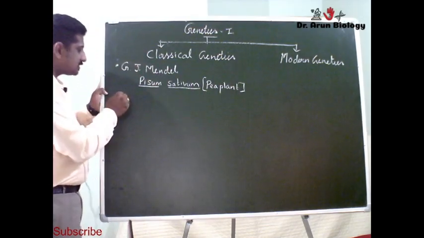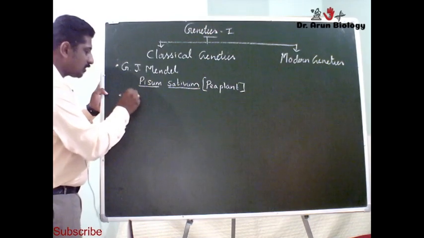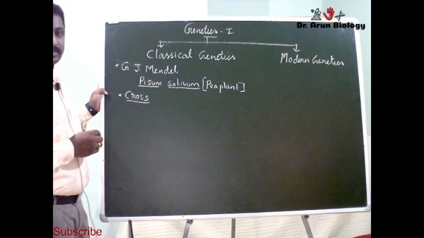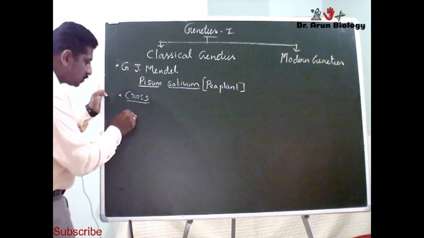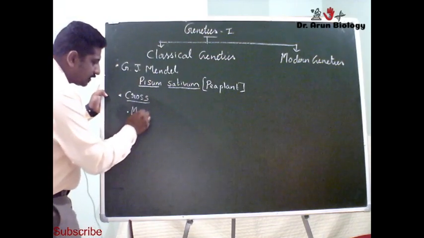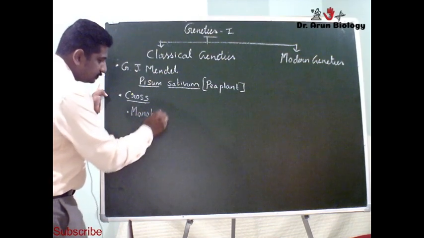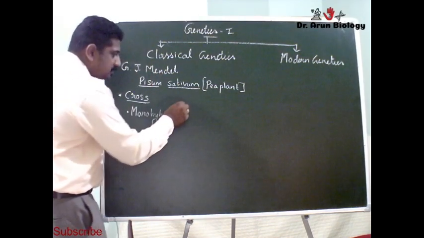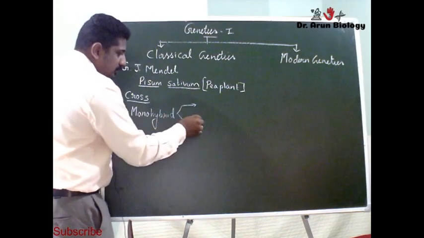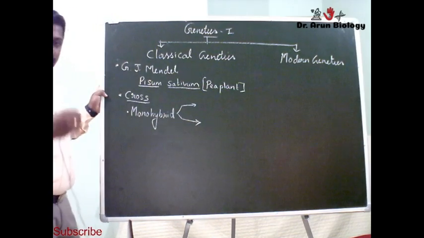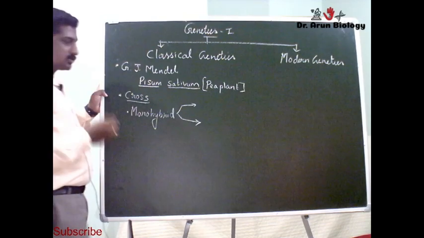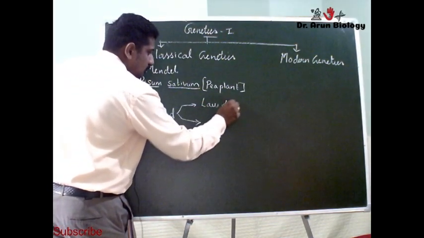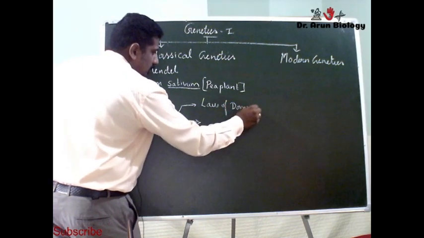And we are going to discuss some important crosses here. What are the important crosses that we are going to discuss in this chapter? The first one is Monohybrid Cross. Based on this Monohybrid Cross, two laws were framed by Gregor Johann Mendel. The first law is the law of dominance.